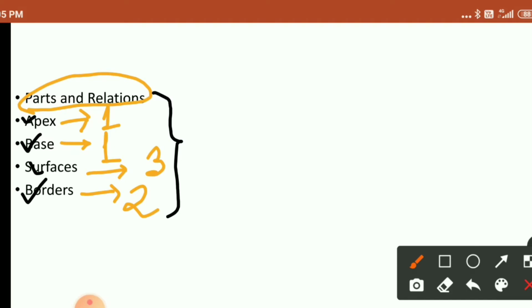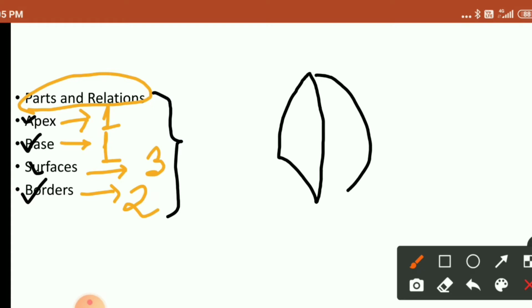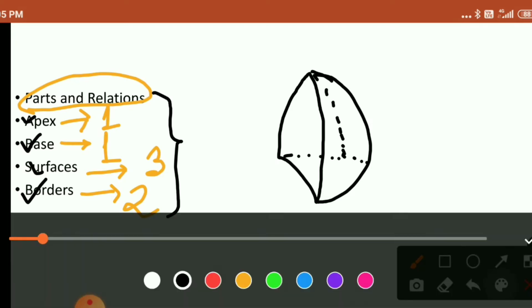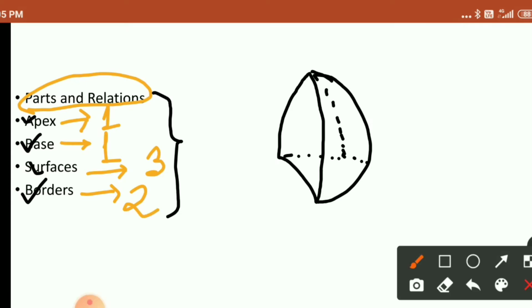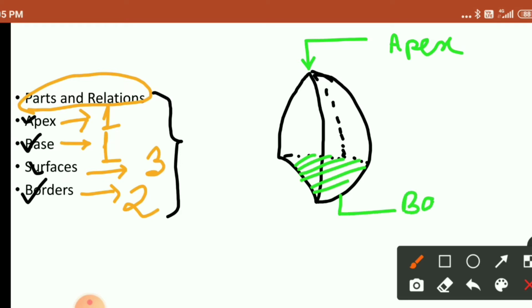Let us draw one lobe in that aspect. Yes. Here, this is the schematic diagram of one lobe of thyroid gland. Now you see that each lobe has one apex, it has one base.